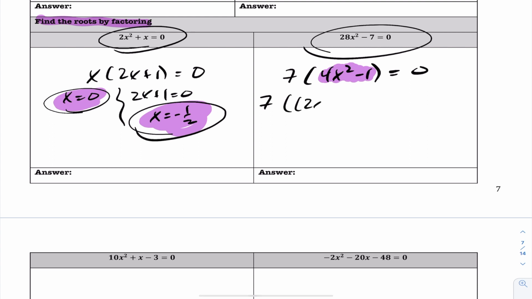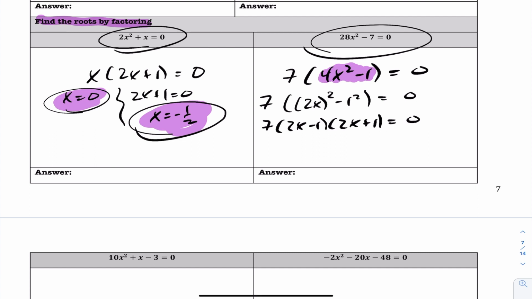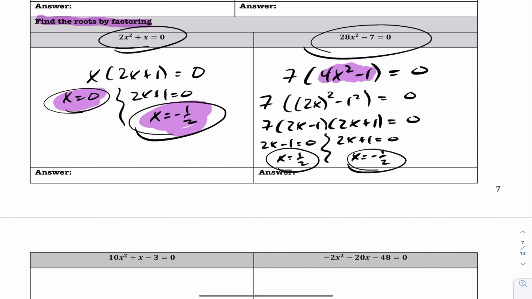I can rewrite this as 2x squared minus 1 squared. And now my difference of squares formula gives 2x minus 1 times 2x plus 1. So now I have the product of two expressions equal to 0. Either 2x minus 1 is 0 or 2x plus 1 is 0, in which case x is equal to 1/2 or x equals minus 1/2.